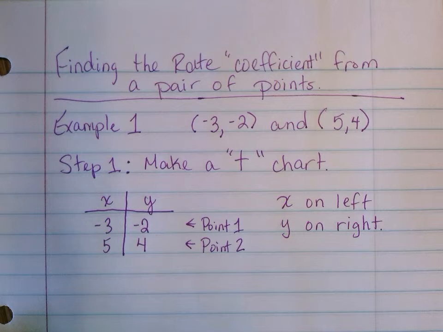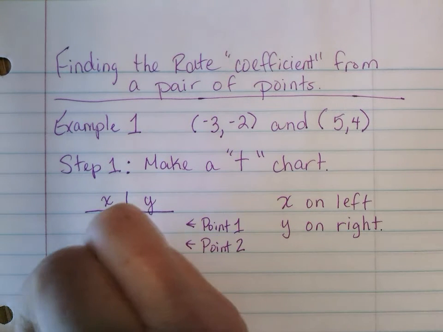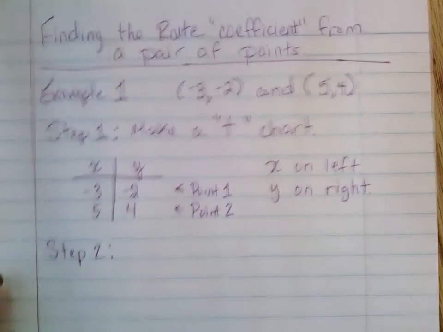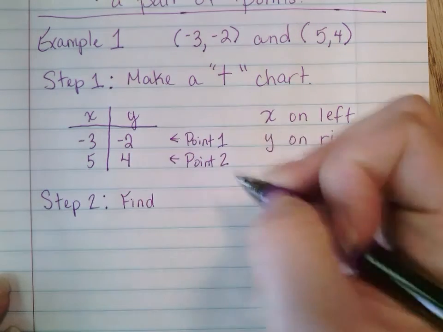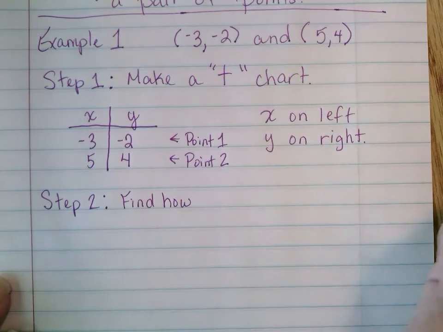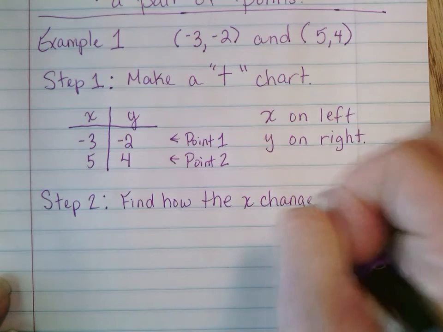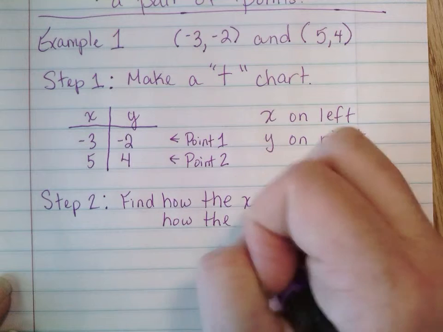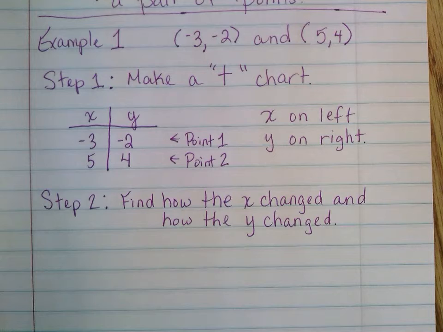Now that we have made our step 1, our T-chart, we will move on to step 2. After they're in the T-chart, we need to find how the X changed and how the Y changed.